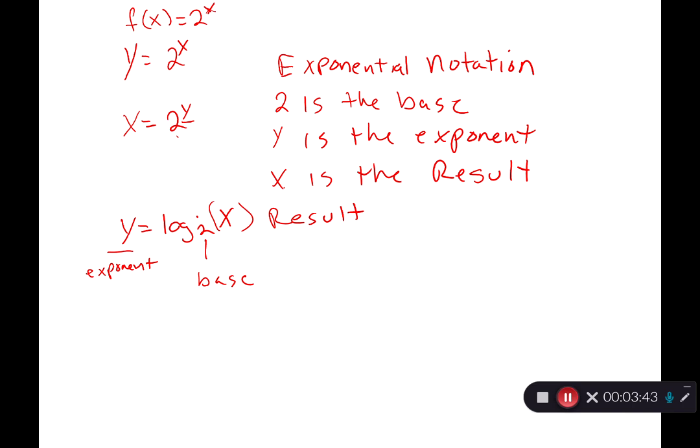All right, now there's a couple of things in logarithmic notation. Our base will never be 1. Also, our base will always be greater than 0.